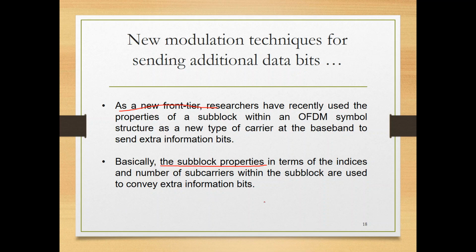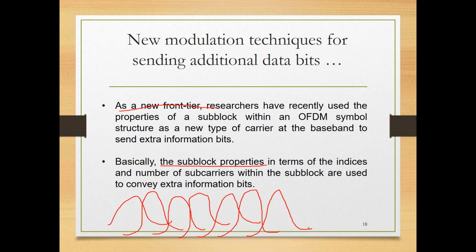What do I mean by this? Before the IFFT, I'm talking before the IFFT, you have these carriers, yes? They are basically sinc, but my drawing is not that good. In that case, we divide these subcarriers into subblocks, 4 by 4. And when you divide 4 by 4, what are the properties here?